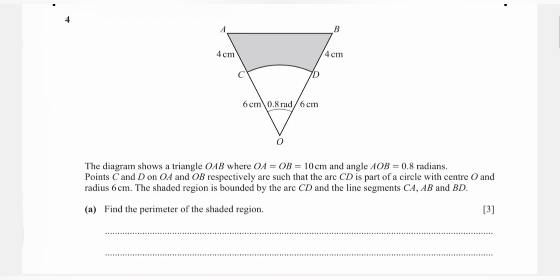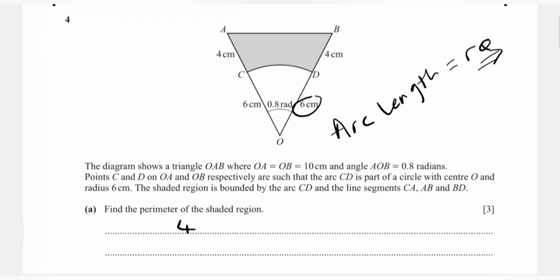And we know for arc length, we can simply say r theta, with our calculators in radians, to get CD. The r is the radius of the circle that we'll be dealing with, which in this case is 6. So we have 4 for AC plus 6 times the theta 0.8 radians, so 6 times 0.8, plus our 4 for BD.